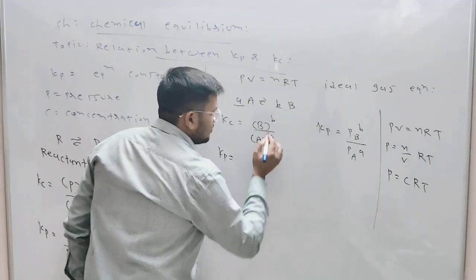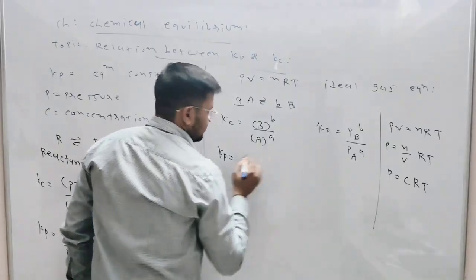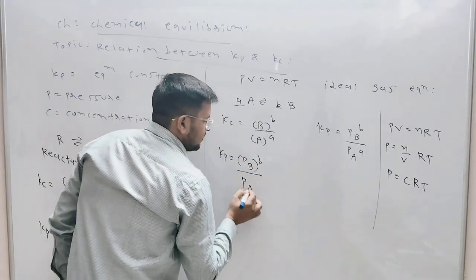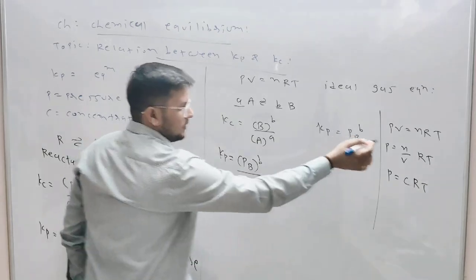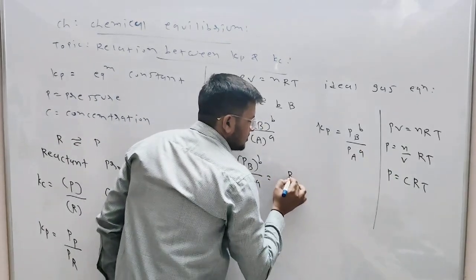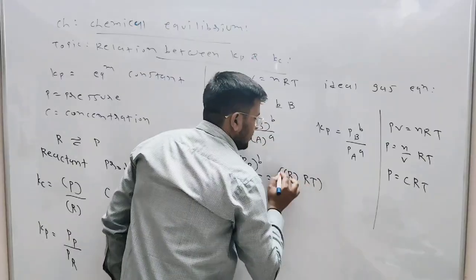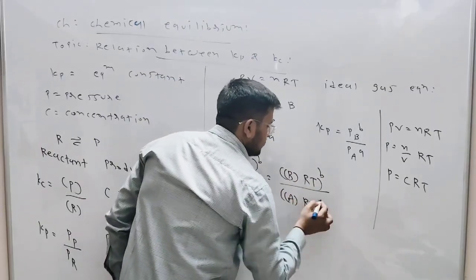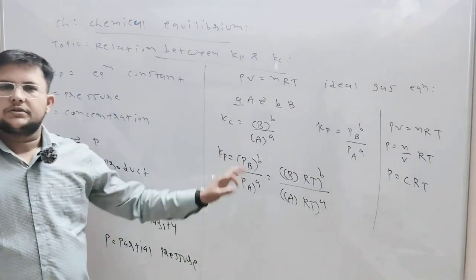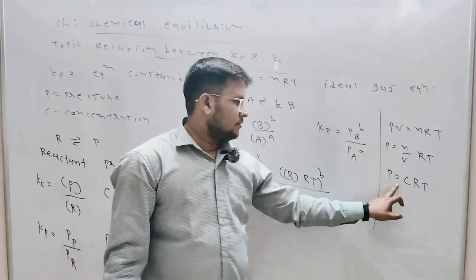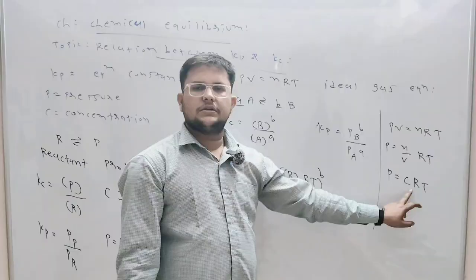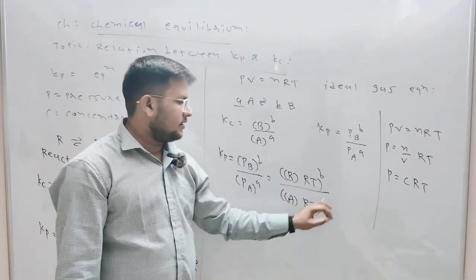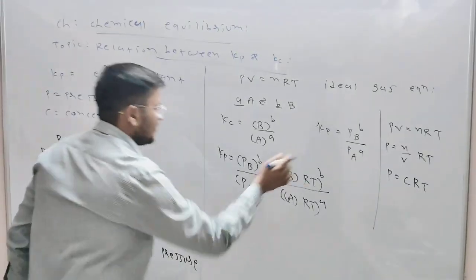If I put this value in Kp, partial pressure of B to the power b, partial pressure of A to the power a, with P equal to CRT, then I can say concentration of B times RT raised to b, concentration of A times RT raised to a. Pressure of B is equal to C, concentration in molarity, times RT.